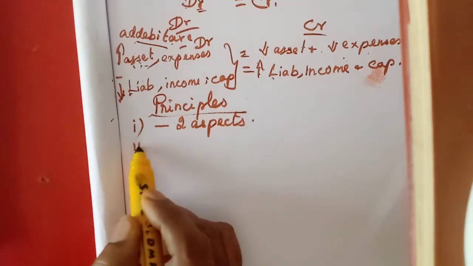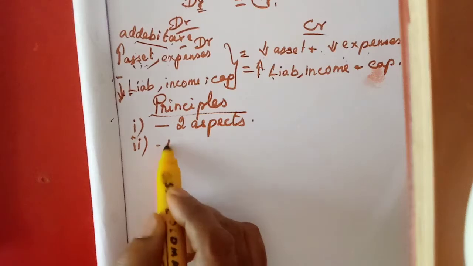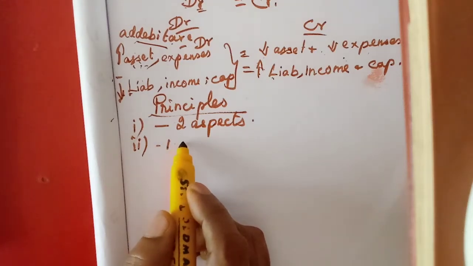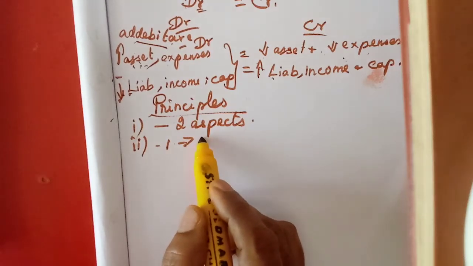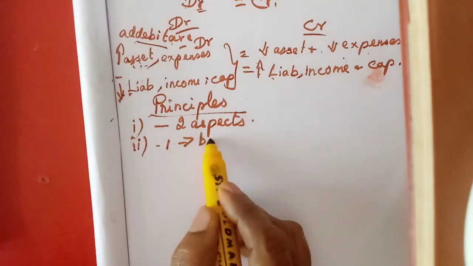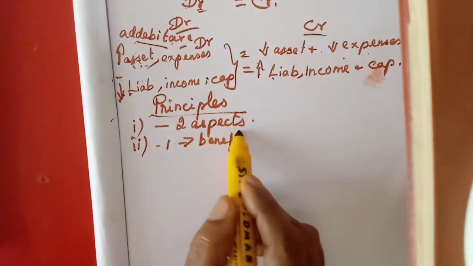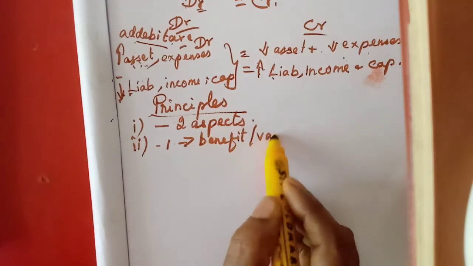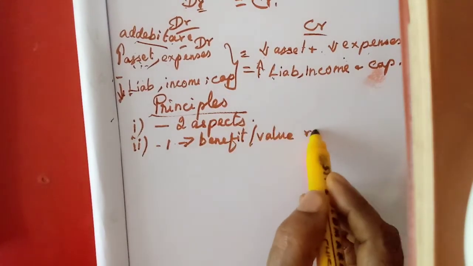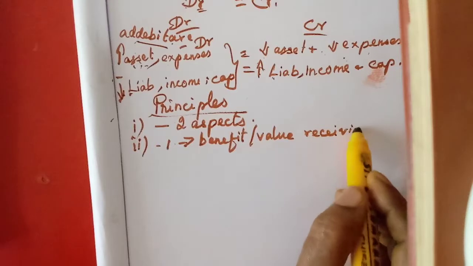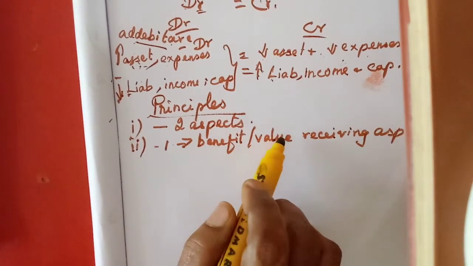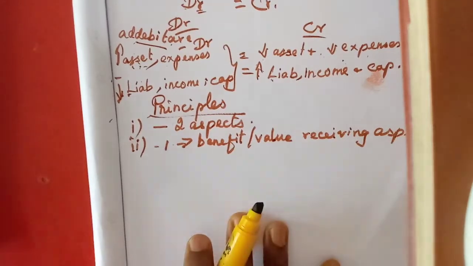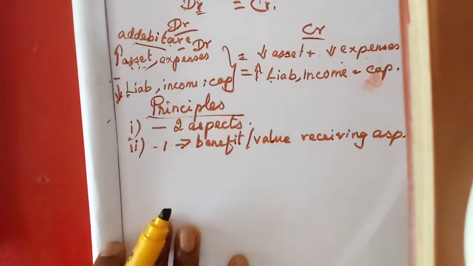The second point is, one aspect will be the receiving aspect, or we can say the benefit receiving or value receiving aspect. What we receive, we receive value or the benefit.